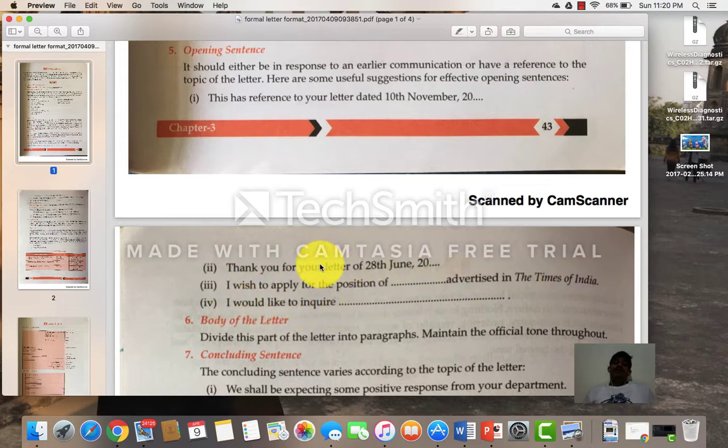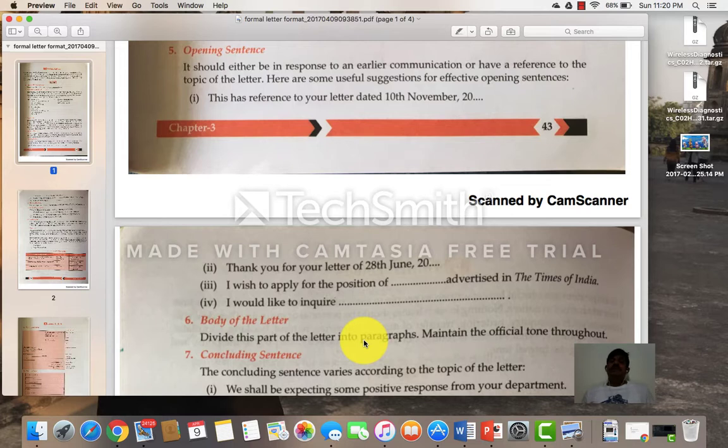So the opening sentence must highlight what the purpose of the letter is, and the body of the letter must contain all the important necessary details.